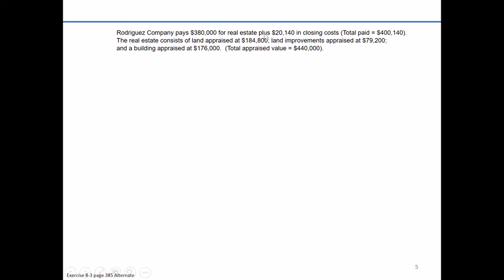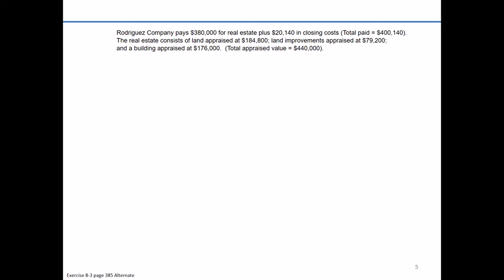So it seems likely we would do the same thing with real estate, another type of plant asset. Closing costs, they're a normal, necessary part of purchasing real estate. So we'll add the $20,140 in closing costs to the initial purchase price of $380,000 to get a total amount paid of $400,140.